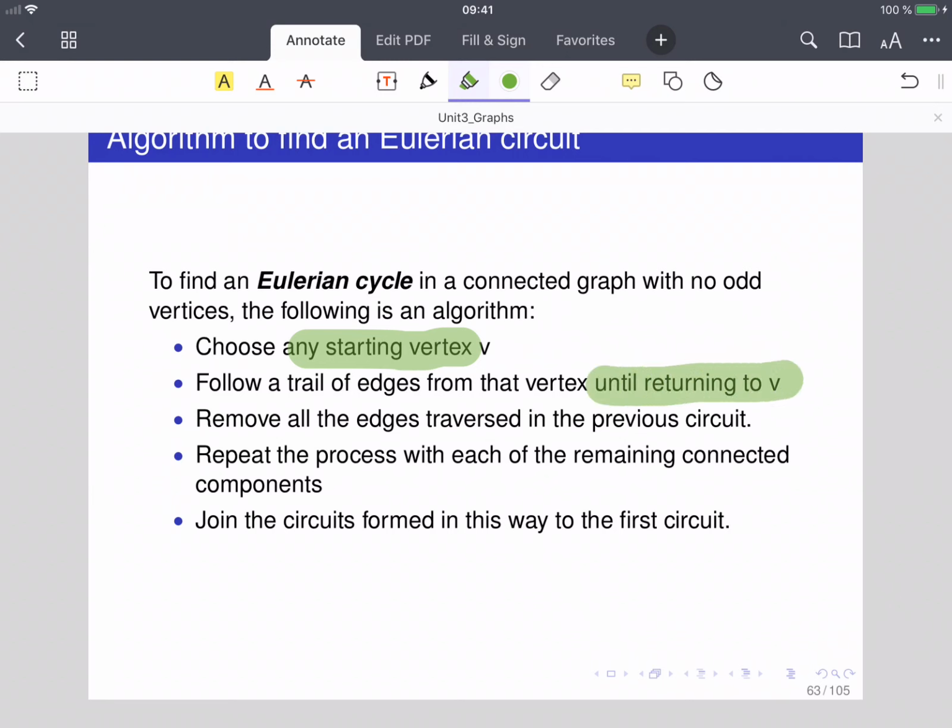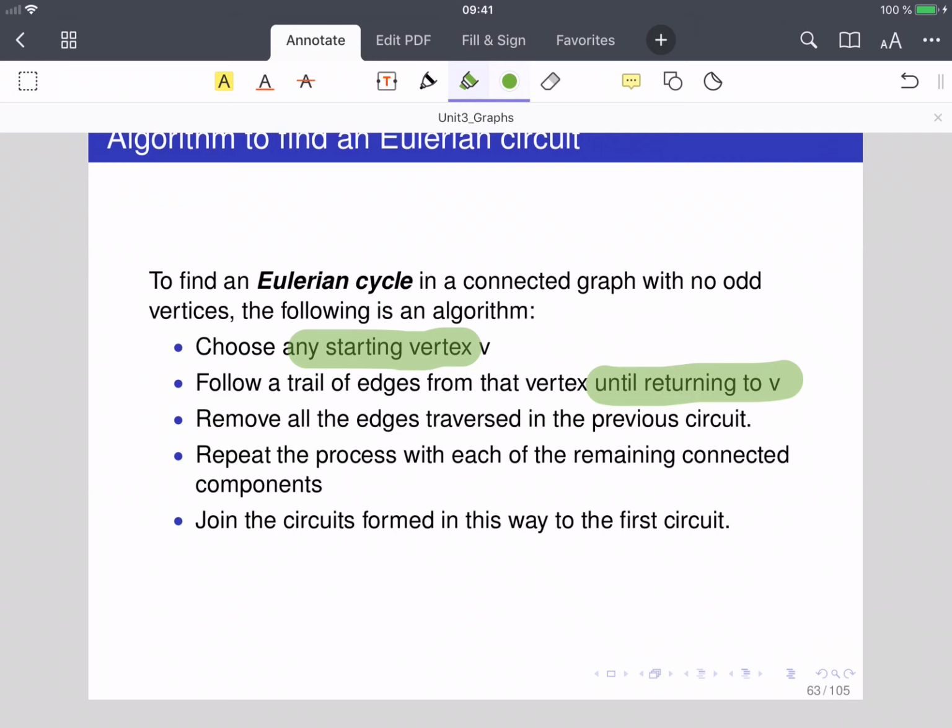In this situation, we can have two different possibilities. Maybe we have used all the edges in the graph, and then we are done. Then we have found the cycle that we were looking for. If that is the case, we do not have to compute anything else because we already have the answer.